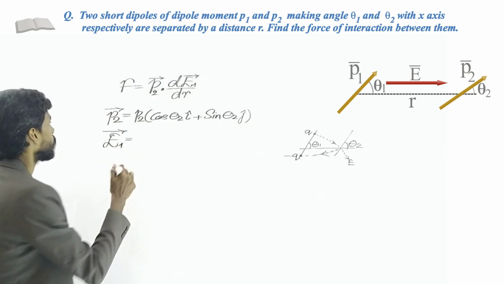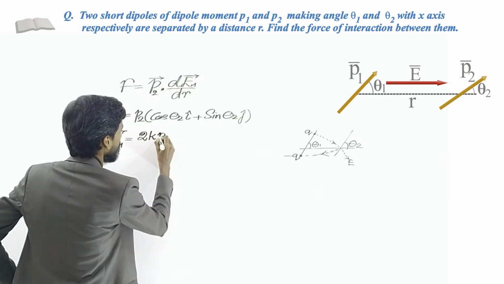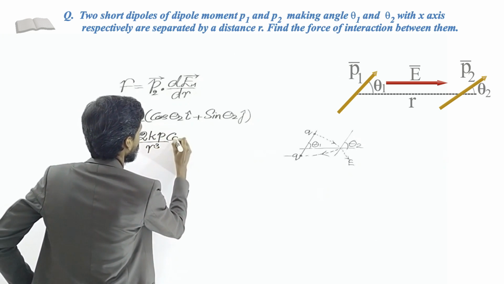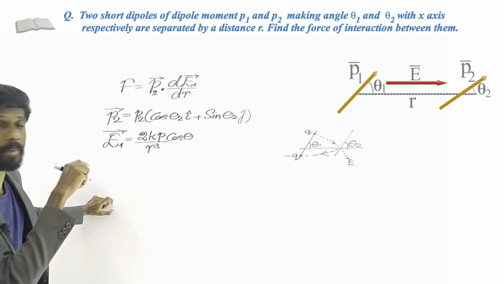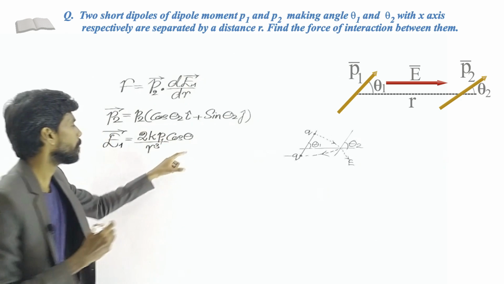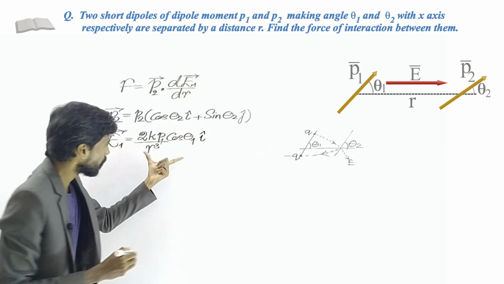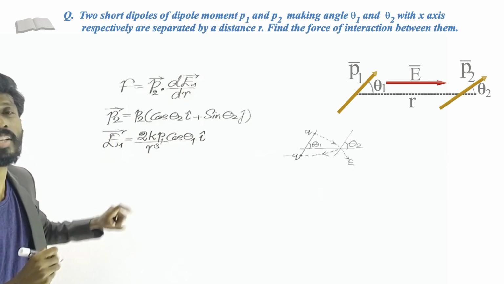That is this formula: 2kp divided by r cube multiplied by cos theta. Now we are finding the electric field due to the first dipole, so that means it is p1, and the angle is theta 1, multiplied by i cap. So this is the formula for the radial component of the electric field due to a dipole.